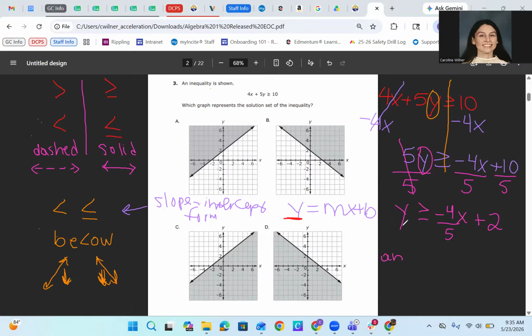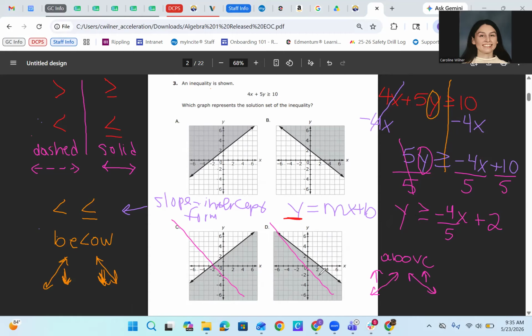That means with my line, depending on how it looks, I want it going up with the shading. So already, just knowing that piece, C and D are both shading below the line. We already know those are not going to be our answers.